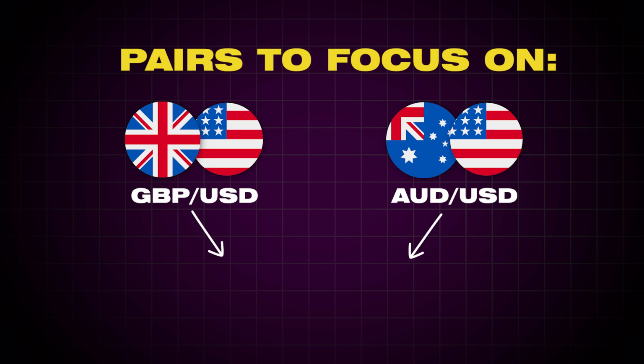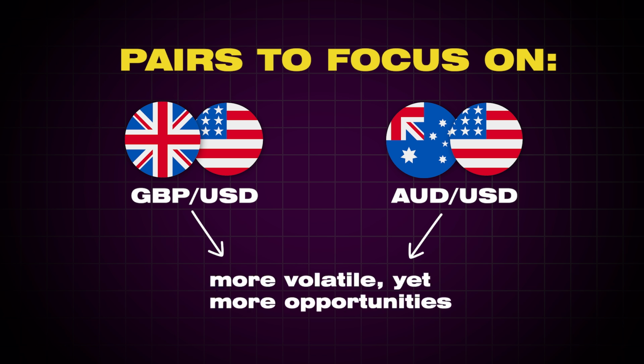Now these pairs are a bit more volatile than Euro US dollar or USD JPY. However, they can offer more opportunities for quick gains, yet they still maintain very good liquidity in the market, so you are not stuck in positions longer than you'd like. Therefore, choosing pairs like this is particularly strategic as it helps you to manage risk while also allowing you to capitalize on those small but frequent movements, which is actually ideal for growing your small trading account safely and steadily.